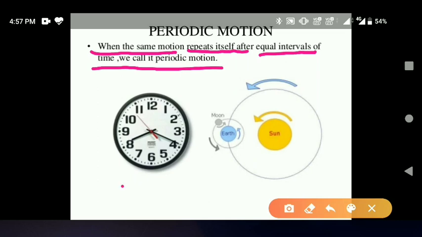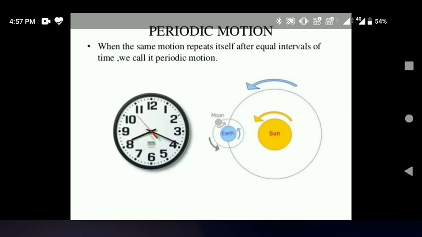Here you can take a simple clock. The movement of the hands of a clock is also a periodic motion. Each hand has some fixed interval of time to complete one revolution.